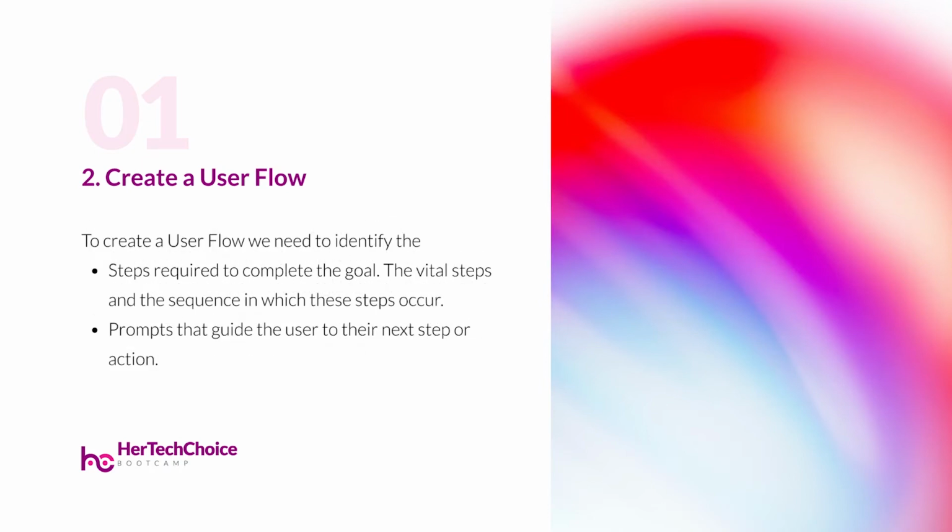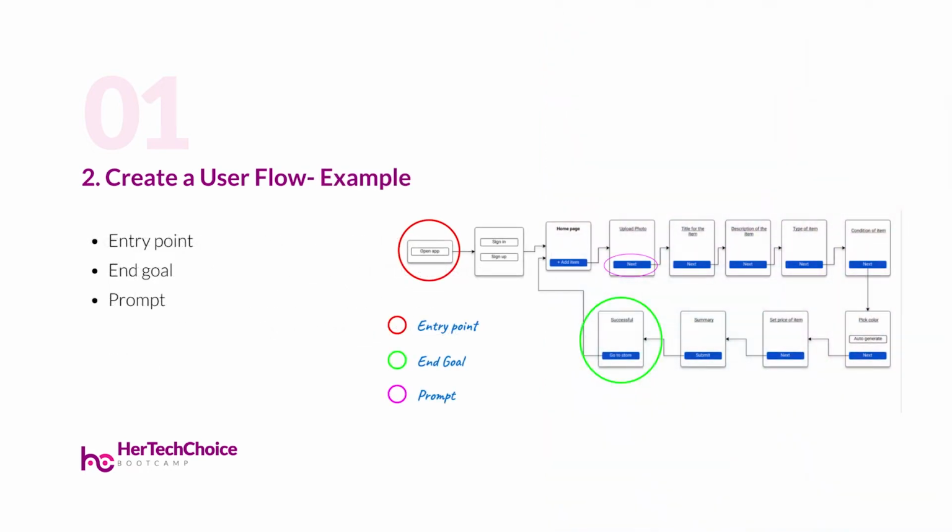So, more so, to create a user flow, we need to identify the steps required to complete a goal, that is the vital steps and the sequence in which these steps will occur, and prompts that guide the users to the next step or action. Okay, so this is an example where we have the entry point in red, the end goal in green, and the prompt in purple.